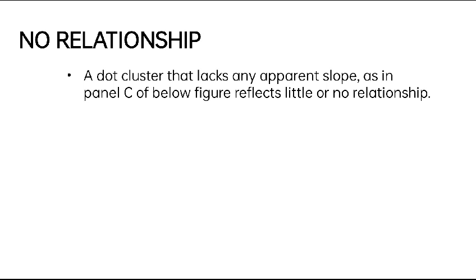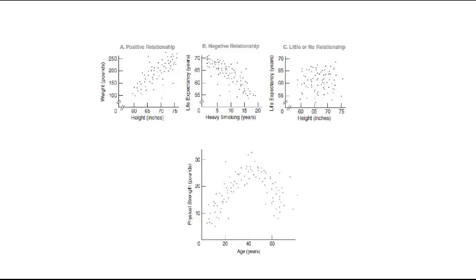No relationship: a dot cluster that lacks any apparent slope, as in panel C, reflects little or no relationship. Here, panel A is a positive relationship, panel B is a negative relationship, and panel C is no relationship.